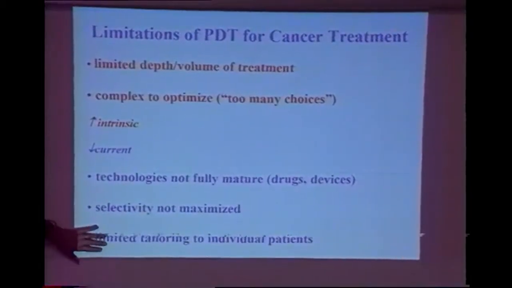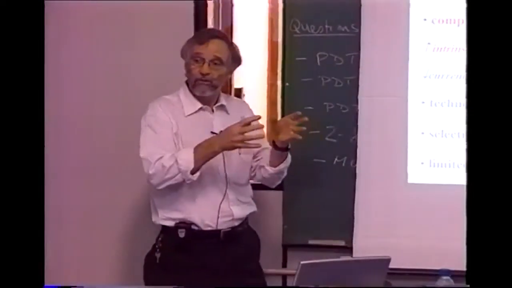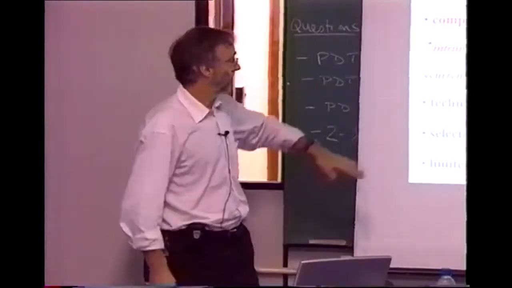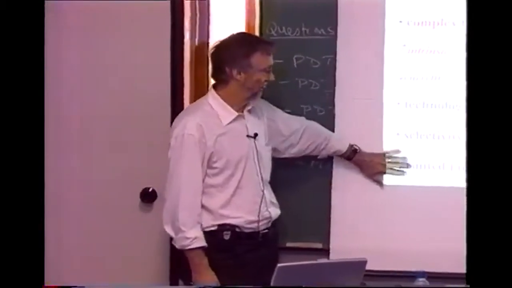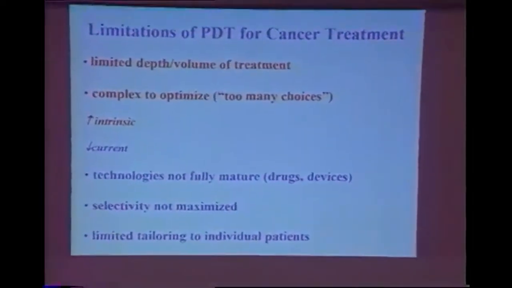And there's been so far very limited tailoring of this to individual patients. It's tended to be as one formula fits all. So there's a lot of interesting research to be done by engineering people, chemists, biologists, and the computer people and measurement people.